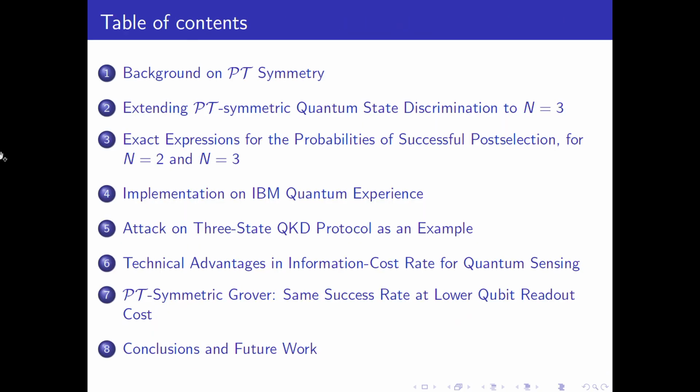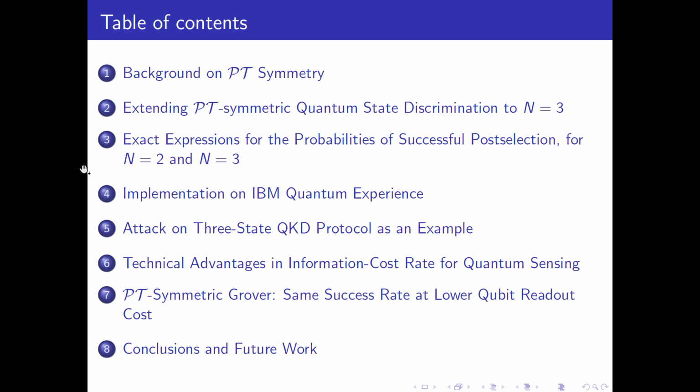So here is the table of contents. That was a high-level overview, and now there is a table of contents for digging in more detail. First I will describe some necessary background on PT-symmetry. Then I will describe our algorithm for extended PT-symmetric quantum state discrimination for 3 states. Then I will describe exact expressions for probabilities of successful post-selection for 2 and 3 states.